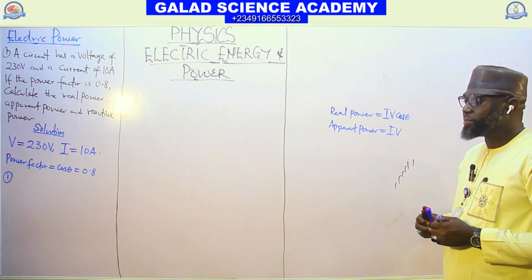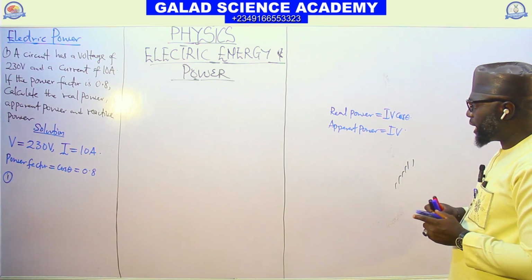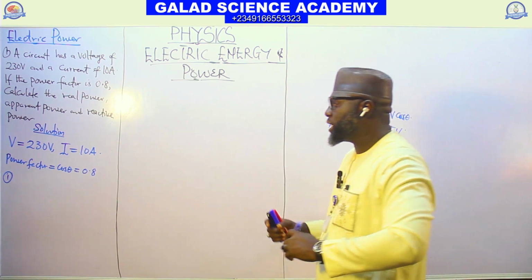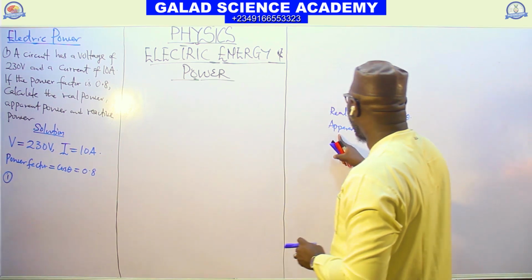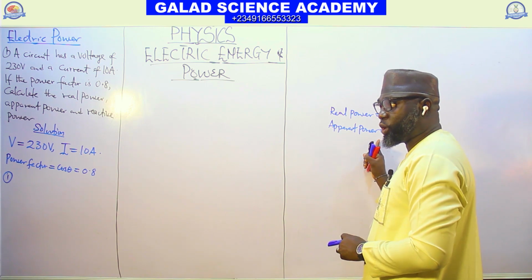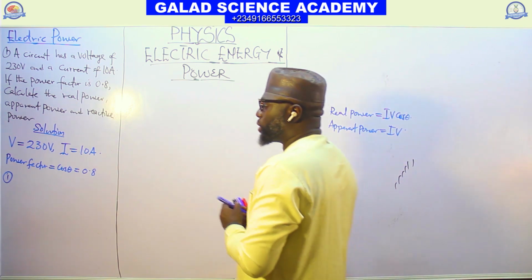So here now, in this question, we can first of all find the apparent power. It's very easy for us to find.